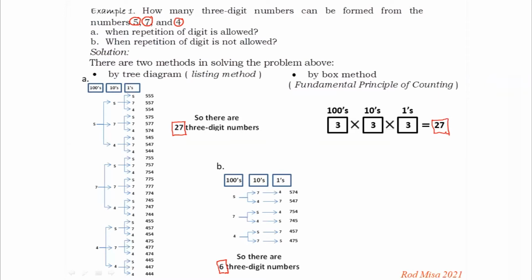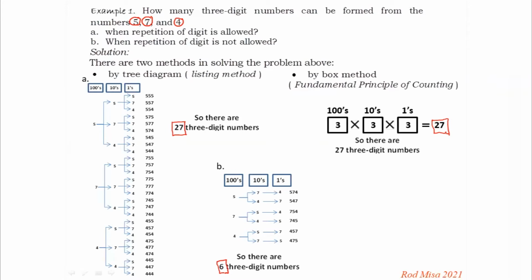And you can see that I have the same answer as with the first method, which is the tree diagram. So either you can list down all possible 3-digit numbers you can form, or you can use the fundamental principle of counting.